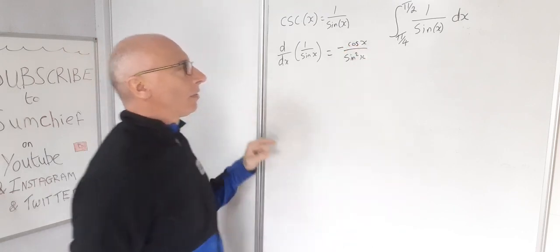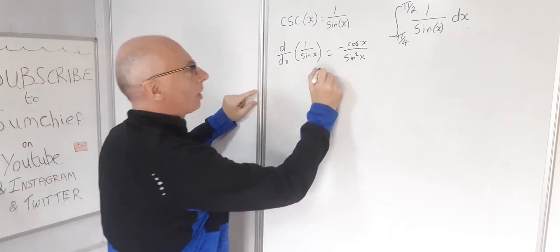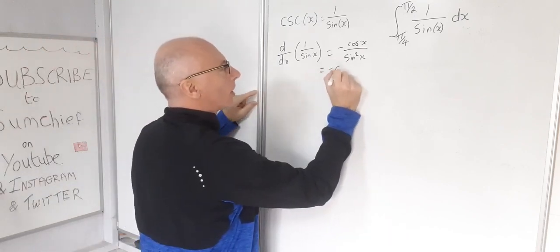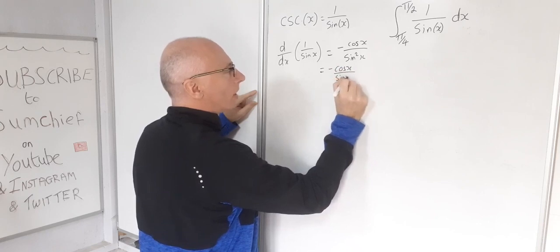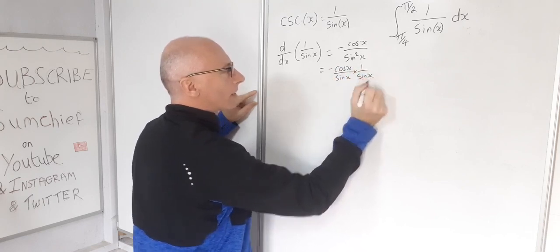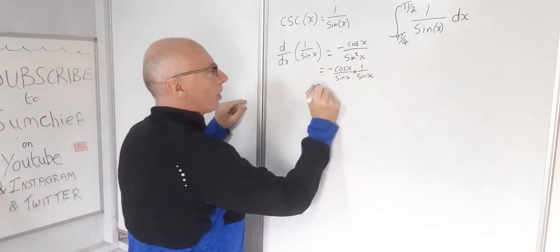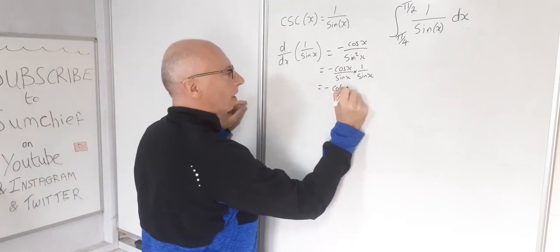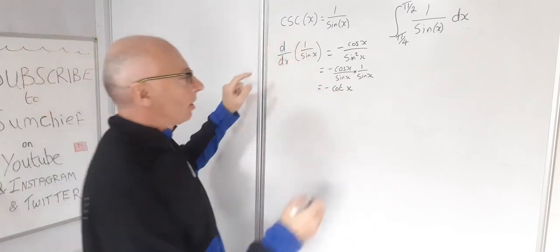So that's our derivative. So what have we got here? We've got negative cosine of x over sine of x times 1 over sine of x. So it looks like we've got negative cotangent function multiplied by 1 over sine of x, which we know is cosecant.